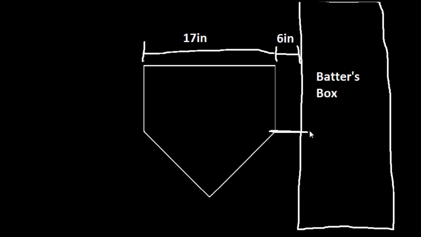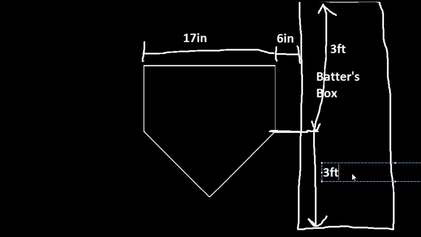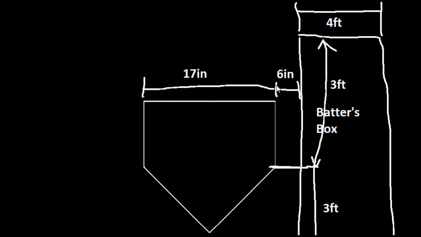If I drew it correctly, this here should be equivalent to this here. So these are each 3 feet, and again this down here should be 3 feet. So it's 6 feet total, 4 feet wide, and 6 inches off the plate.